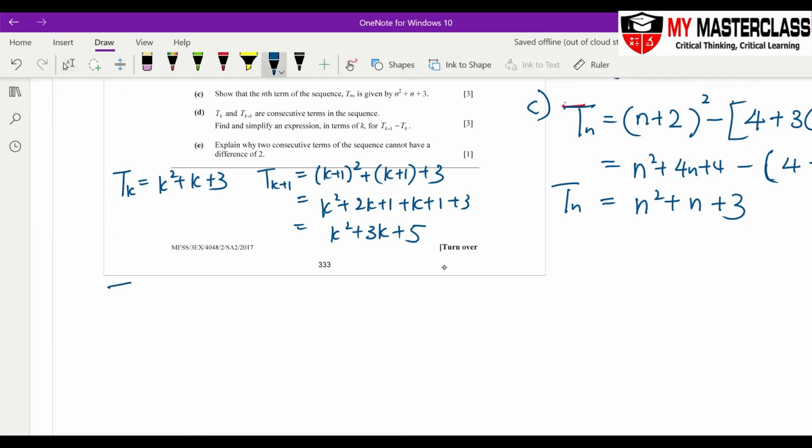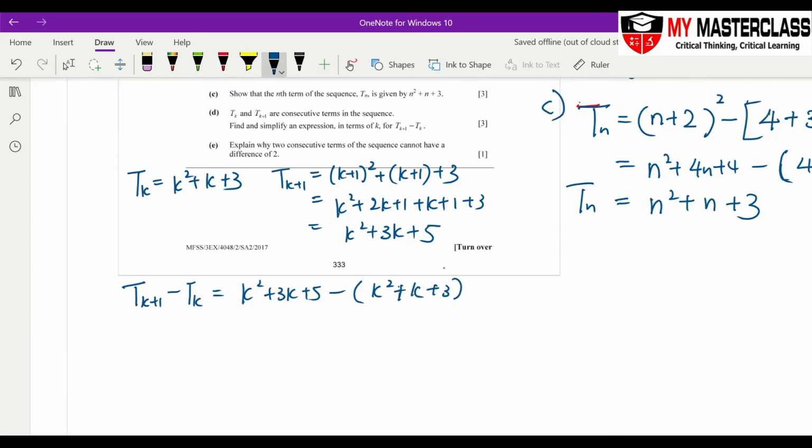The question wants you to do Tk plus 1 minus Tk. This is equal to k squared plus 3k plus 5 minus the open bracket of k squared plus k plus 3, which is equal to k squared minus k squared gone, 3k minus k, 2k, plus 2.